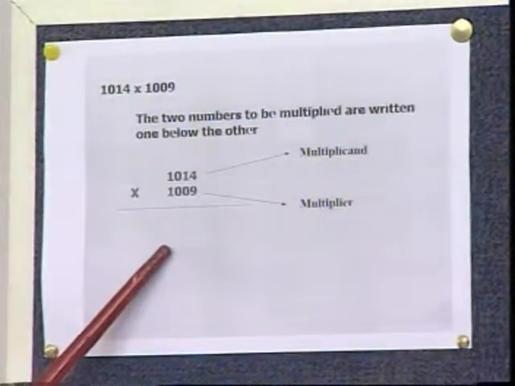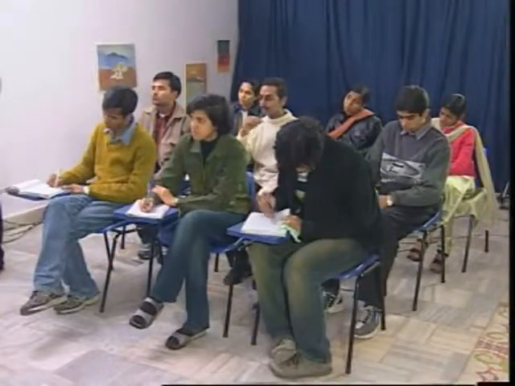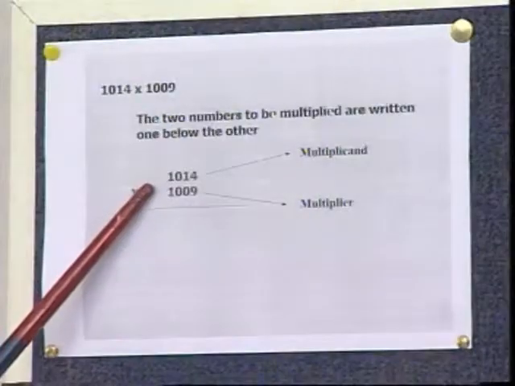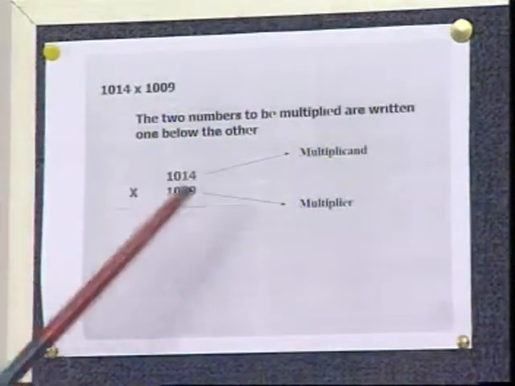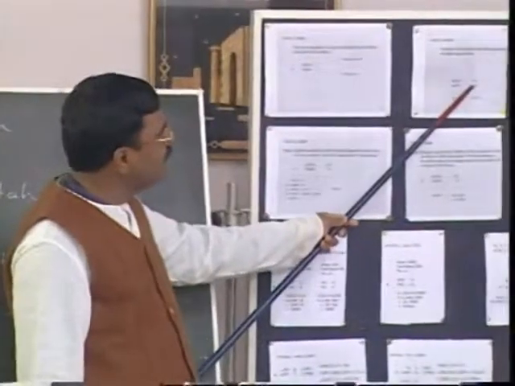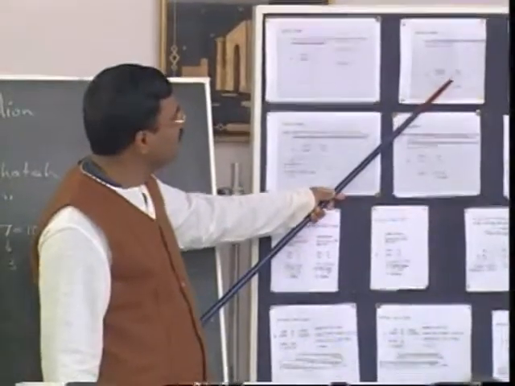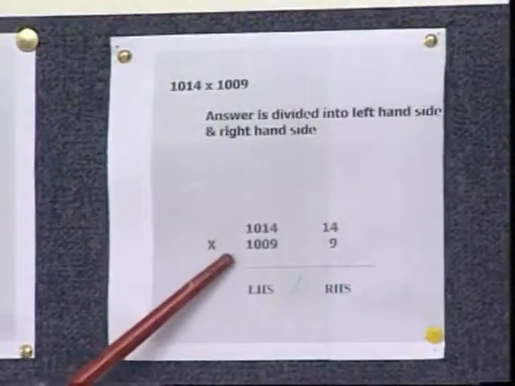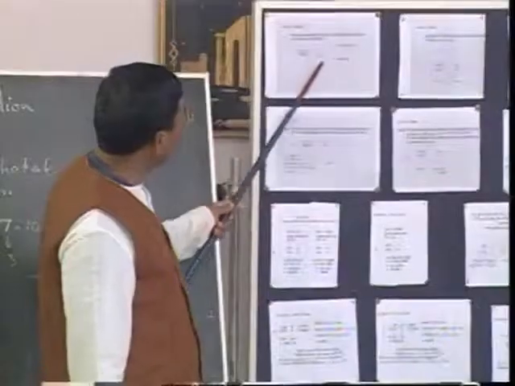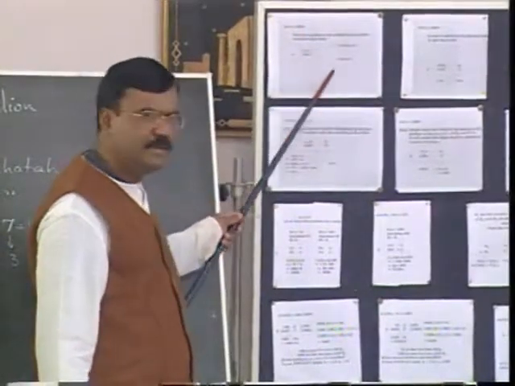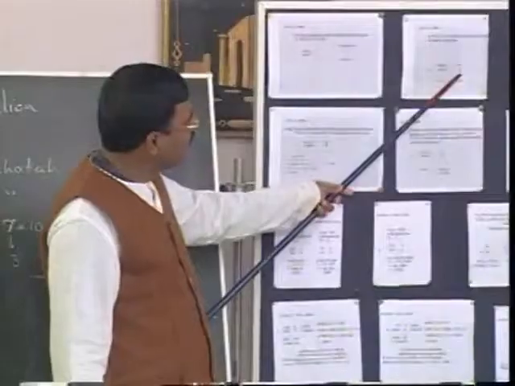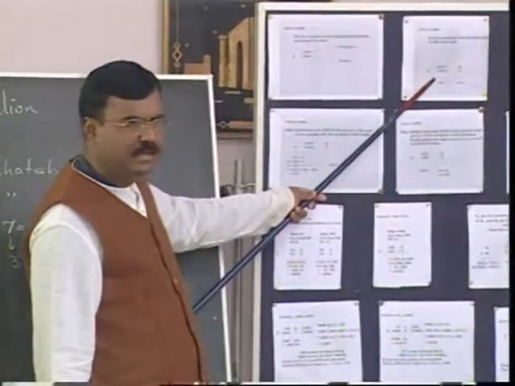These two numbers are nearer to 1000. How much more is the first number? 14. You write it in front of 1014. This 14 is the deviation of 1014. What is the deviation of 1009? 9. You write the 9 in front of 1009.